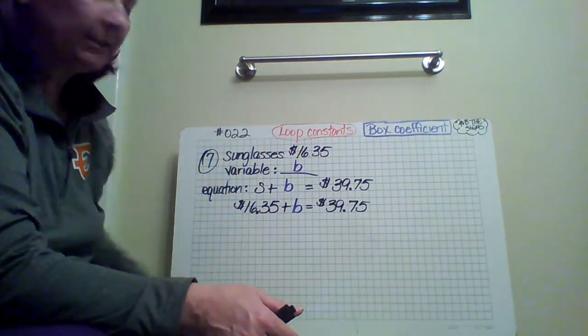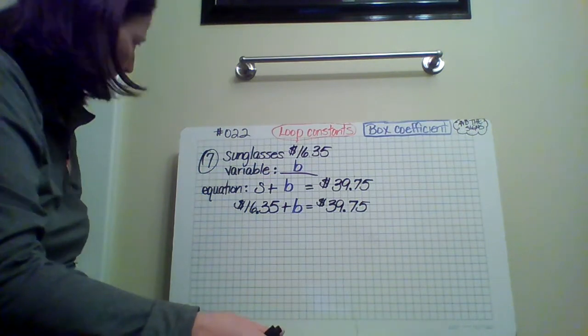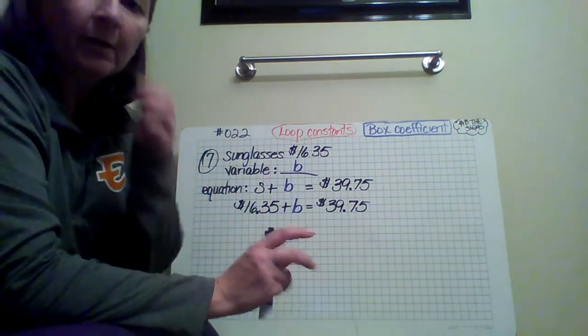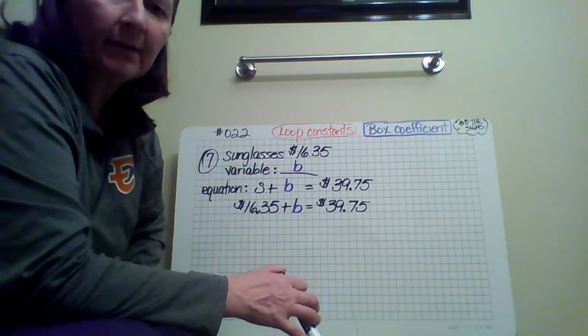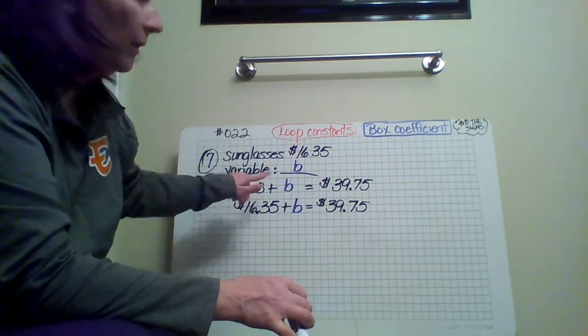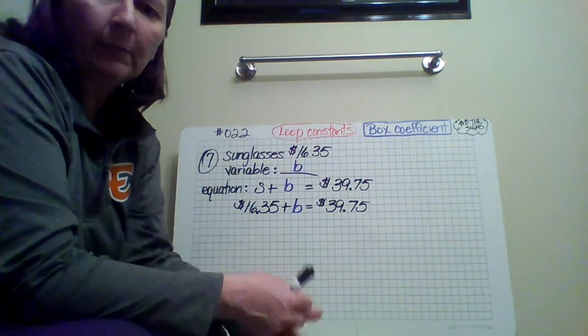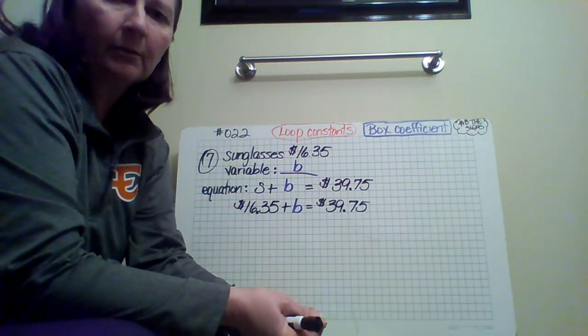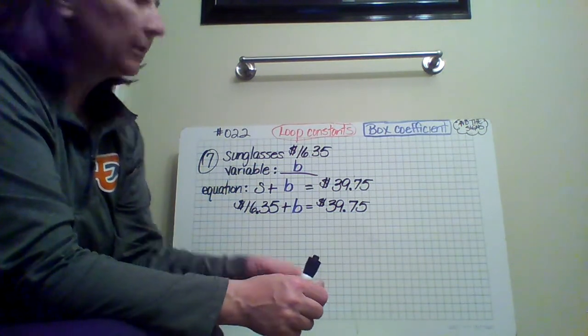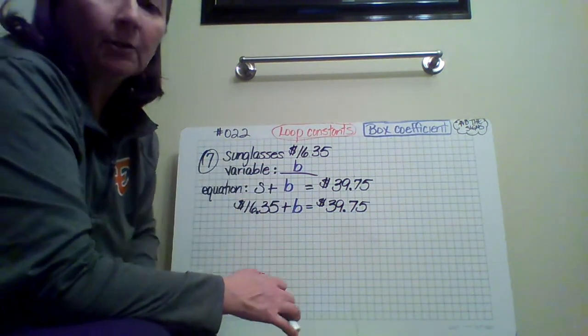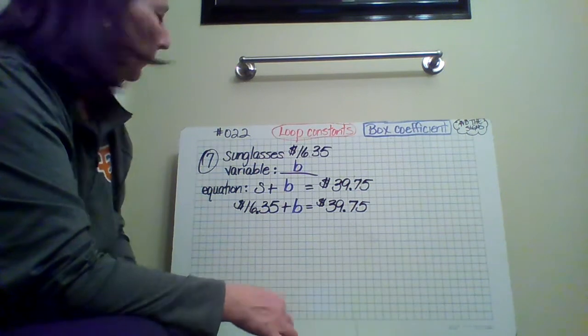All right, let's go ahead and take a look at that. So we know from the problem that the cost of the sunglasses is $16.35. The variable can be any letter that you want, but we usually choose a letter that has some relationship to the problem. So in this case, I chose letter B to represent bracelet.